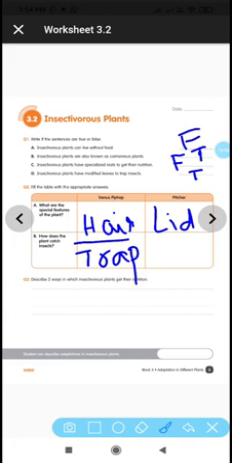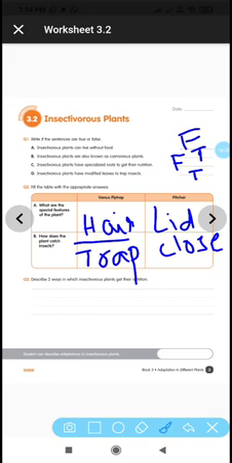And the pitcher plant, how is the pitcher plant able to catch insects? By closing and opening of the lid, they are able to trap the insect and digest it with the help of digestive juices produced inside the pitcher plant.